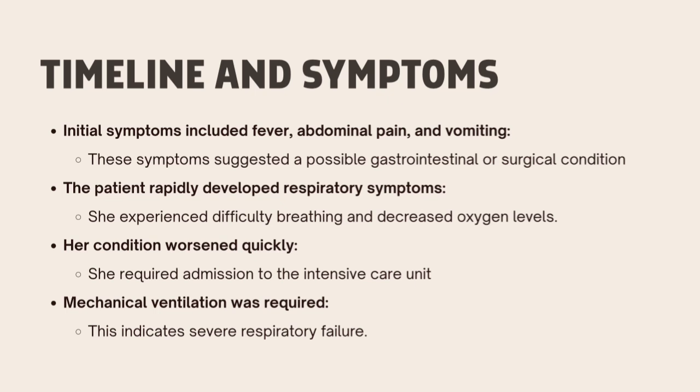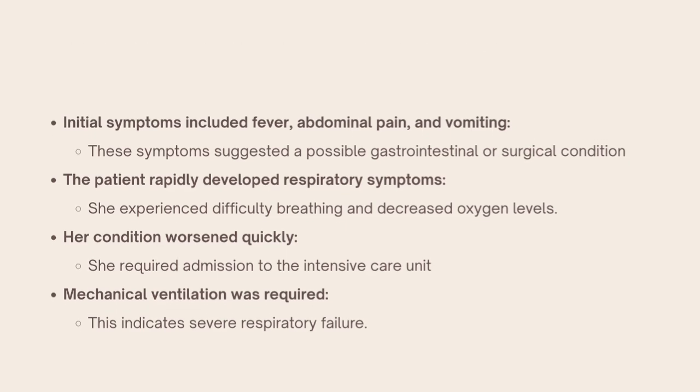However, her condition progressed rapidly, and she developed respiratory distress with difficulty breathing and decreased oxygen levels. As her condition worsened, she required admission to the intensive care unit and eventually needed mechanical ventilation, indicating severe respiratory failure. This rapid progression highlights how unpredictable this infection can be.